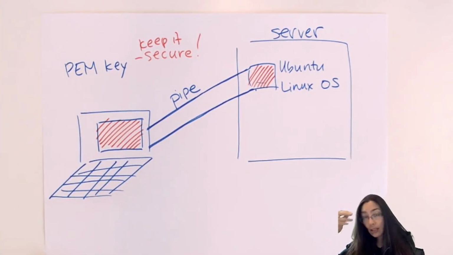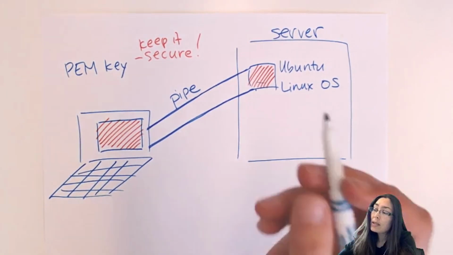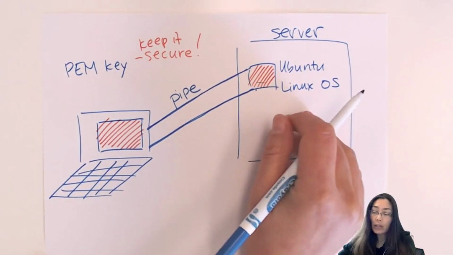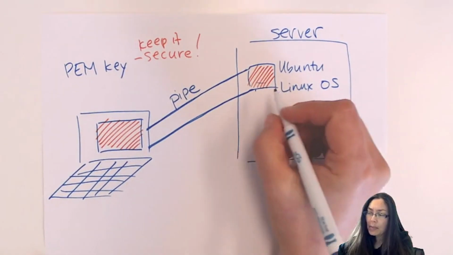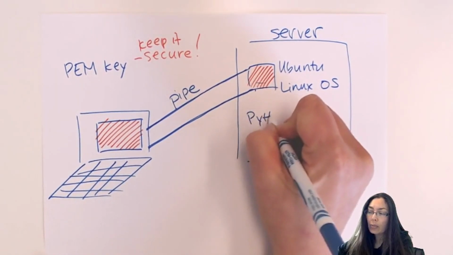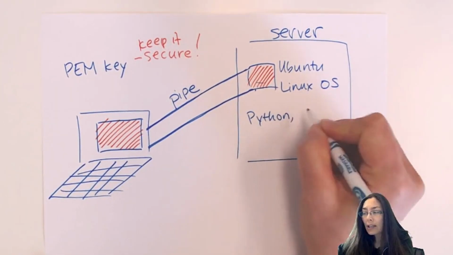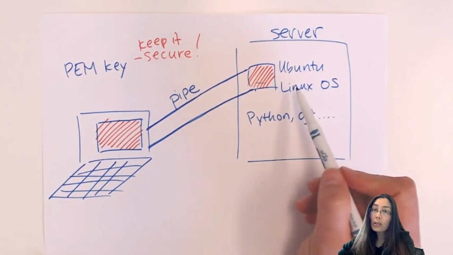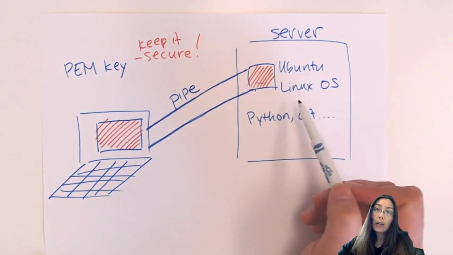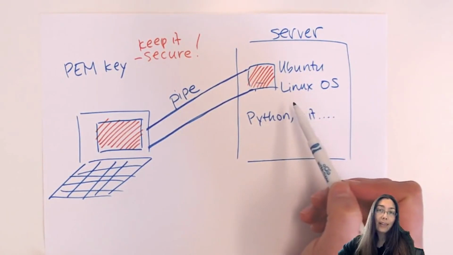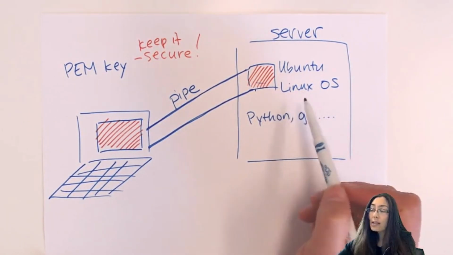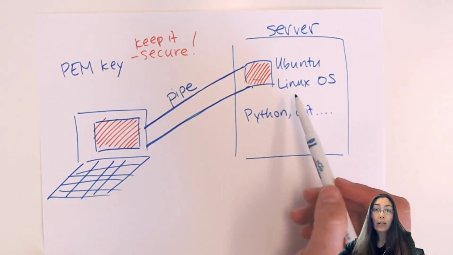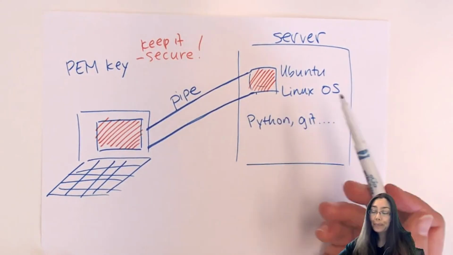There are a lot of installations to do, and those same installations we're going to have to do on this server here. So just off the top of my head, the types of things that you'll have to install will be Python, you're going to need Git, all of those things, right? They're not here in this computer, not until you install them. So there's going to be a lot of installations to do. So that's going to be a lot of the commands that we ask you to run. It's just setting up this environment so that you can actually have your code here.